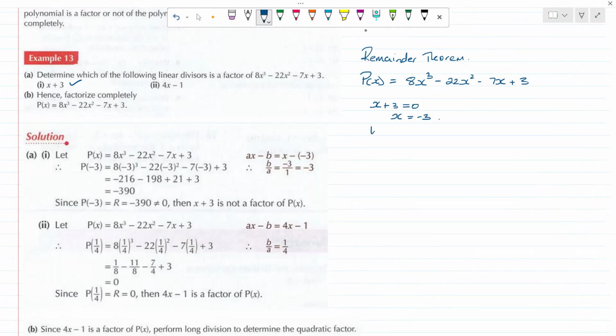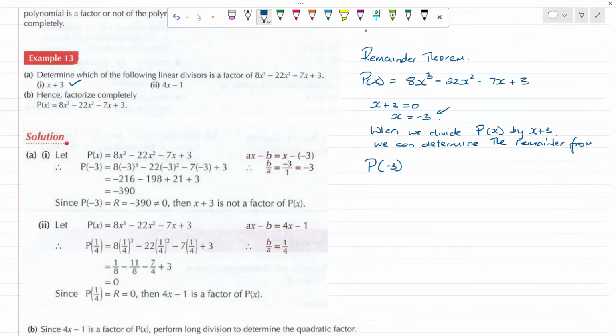When we divide p of x by x plus 3, we could determine the remainder from finding the value of p of negative 3. This negative 3 is coming from right here.